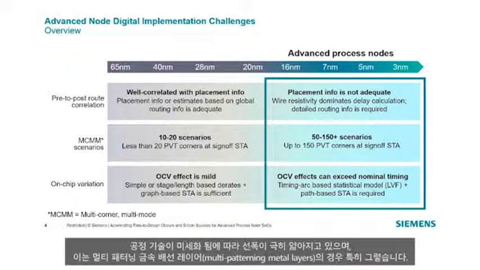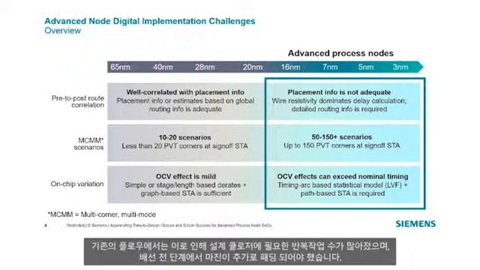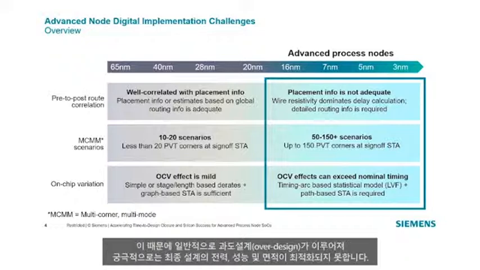As process technology shrinks, wire widths become extremely thin, especially for multi-patterning metal layers. Because of this, resistivity has become the main contributor to timing in traditional flows. This introduces a larger number of iterations needed for design closure and extra margins padded at the pre-route stage, which generally causes over-design and ultimately suboptimal power, performance, and area in the final design.